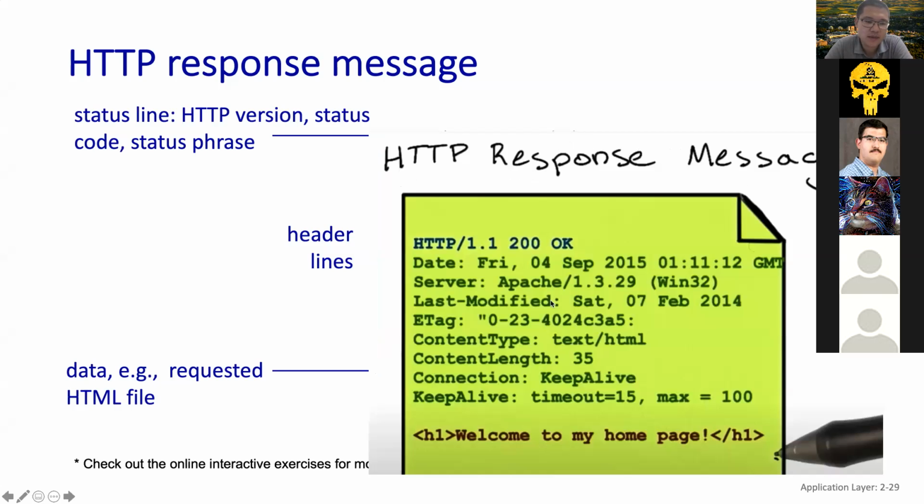This is the response message, and this is an example of the response message. We first will tell you if it's okay, and the date, and the server name, and some other information, and finally we'll return you the web page content that will be displayed in your browser.